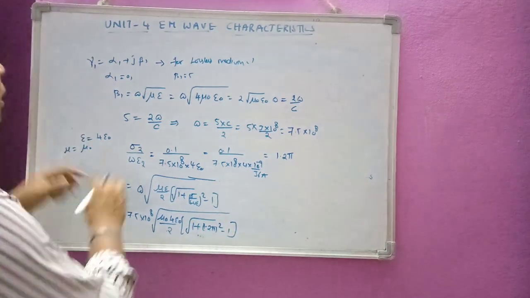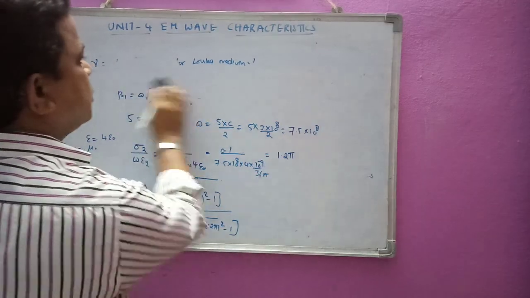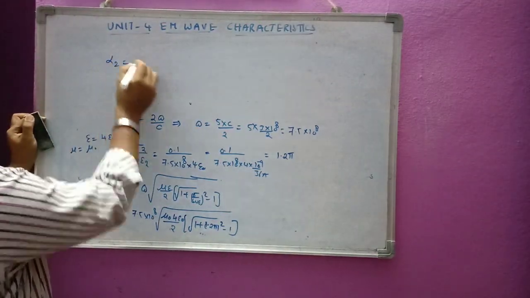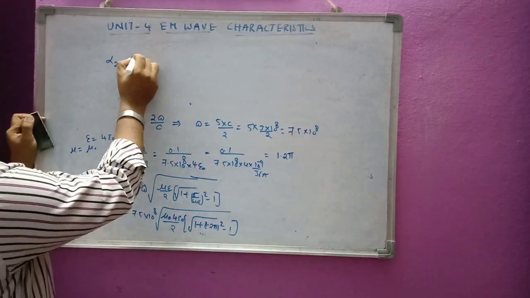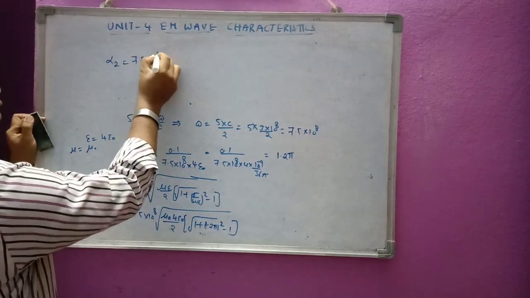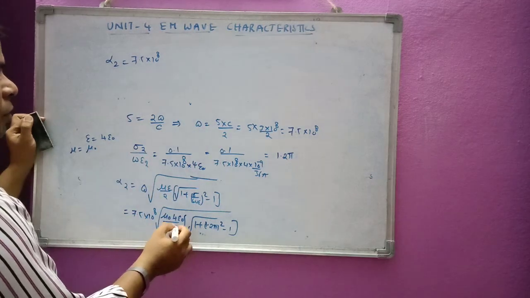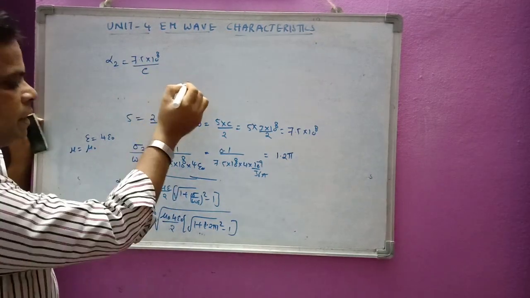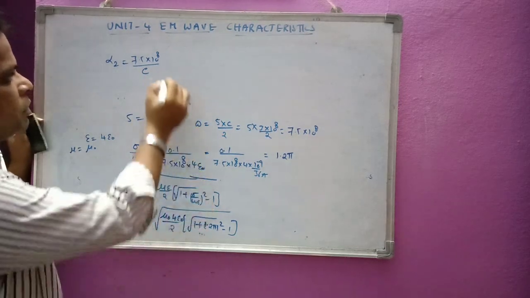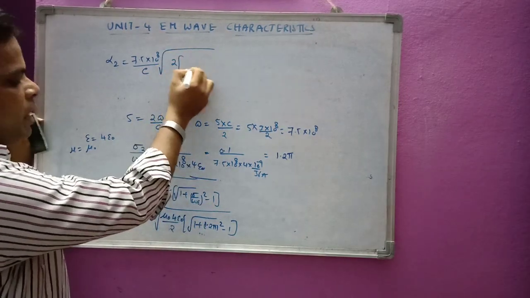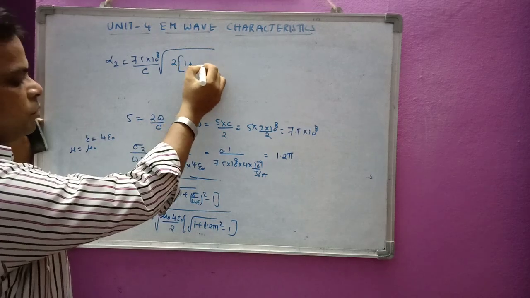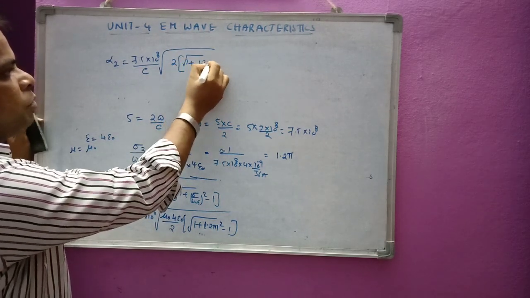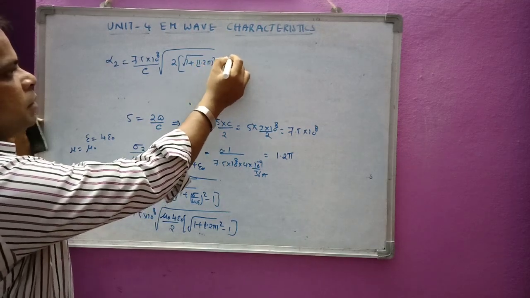Okay, I will erase this one. So this alpha 2 will become 7.5 into 10 to the power of 8, and 1 by square root of mu naught epsilon naught will be equivalent to 1 by c, and root of 4 by 2 is root 2 here, and square root of 1 plus 1.2 pi whole square minus 1.